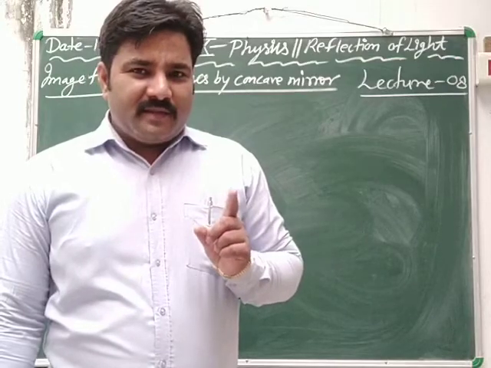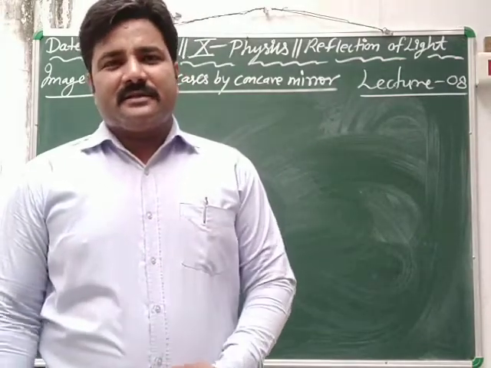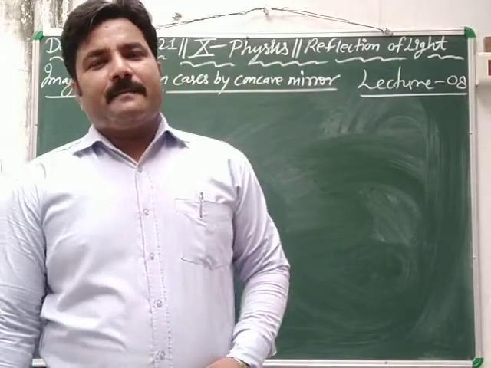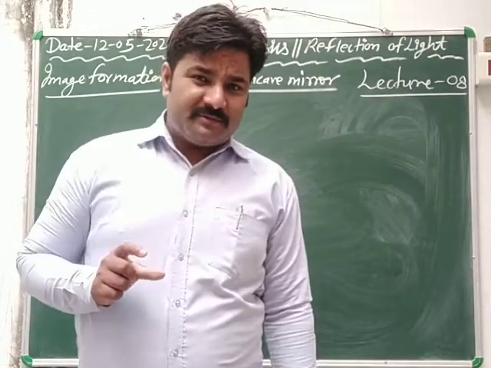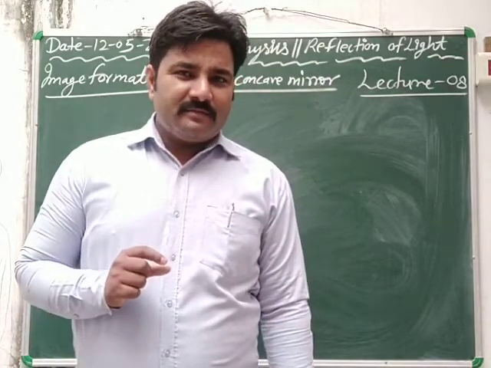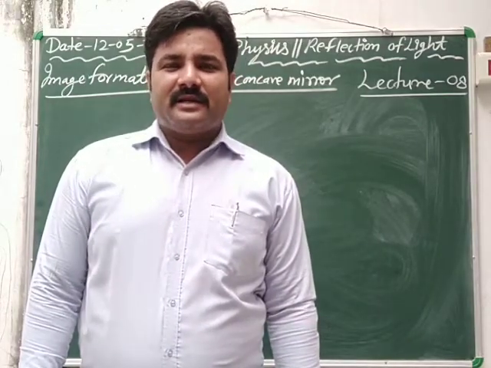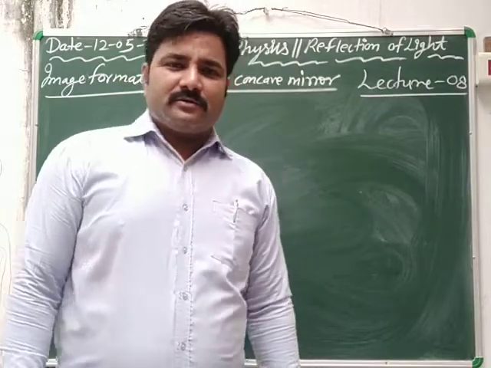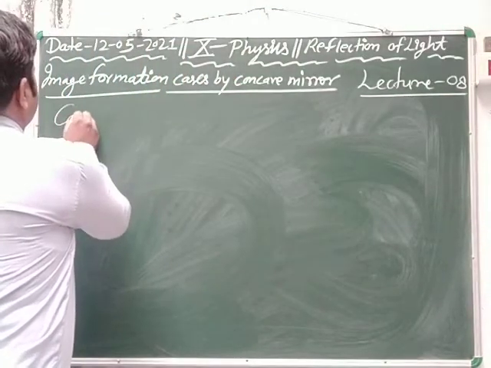When the object is beyond C, the image found between F and C is smaller than the object size. But when the object lies between F and C, the image is found beyond C, and the size of the image is greater, or larger than the object. So let's see, starting from case number 5.